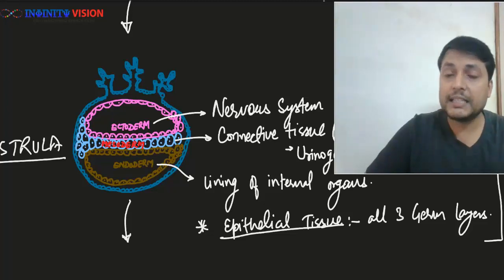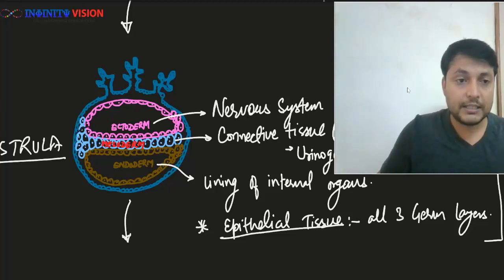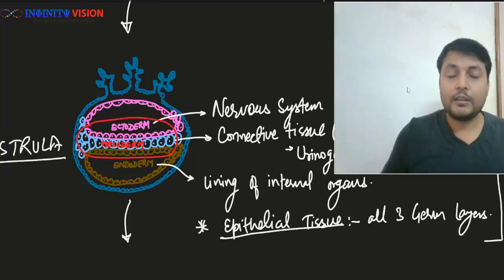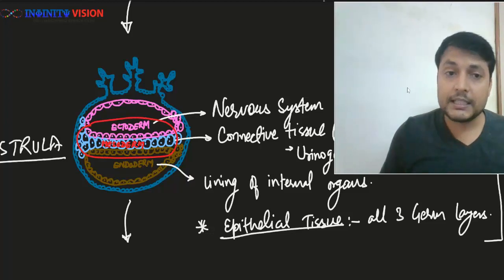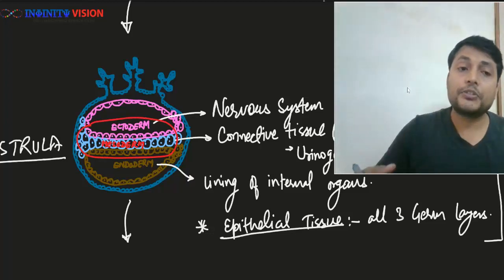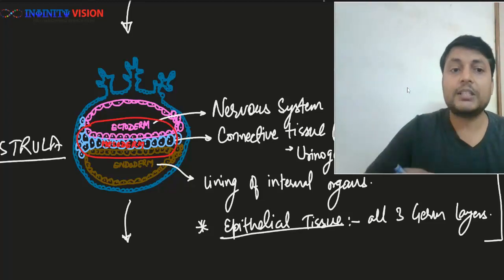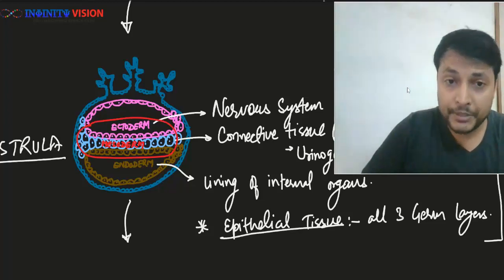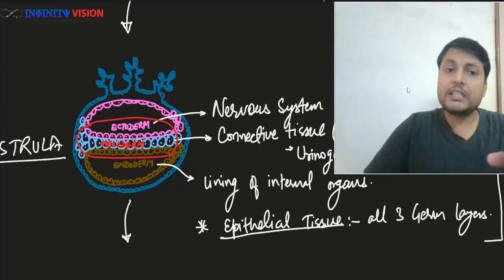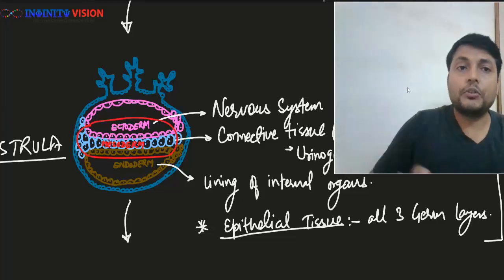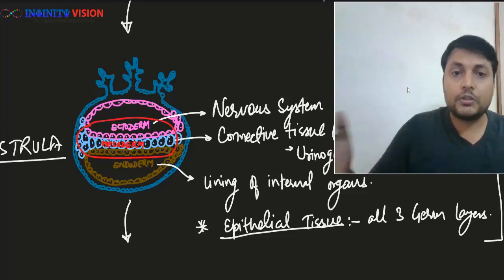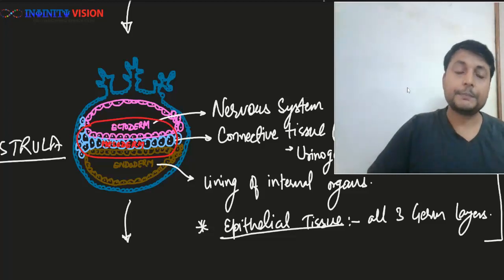The remaining cells will be utilized in the formation of other parts, that is the placenta and the extraembryonic membranes. We will see in a moment how the ectoderm, mesoderm, and endoderm lead to the formation of the whole fetus, or all the organs of a child.